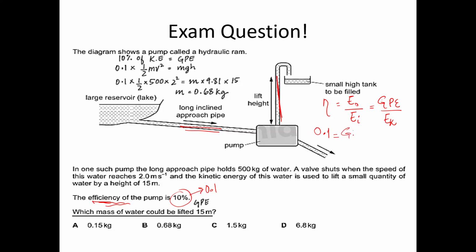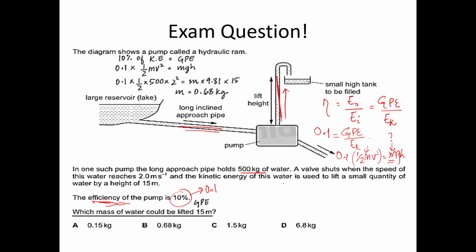This will be equal to gravitational potential energy over kinetic energy. And from here, we can also write that this will become 0.1 times half mv squared, and this will be equal to mgh. But mind one thing, both the masses are not the same. The total mass which was flowing was 500 kg of water, and this is the mass which we have to find out, which is how much it jumped up.